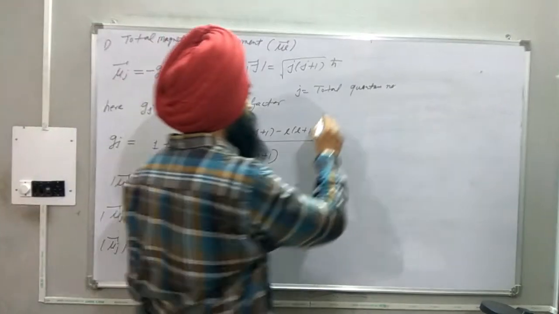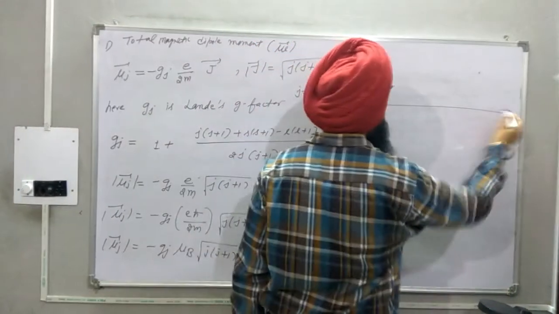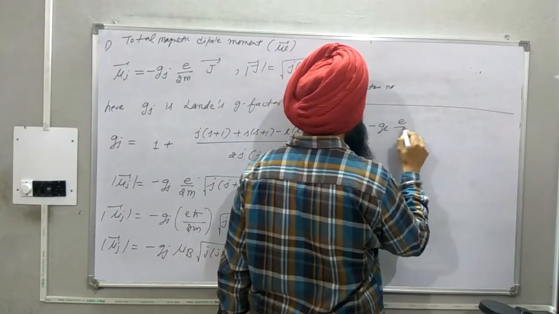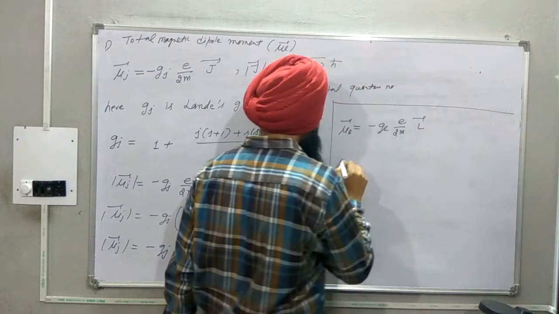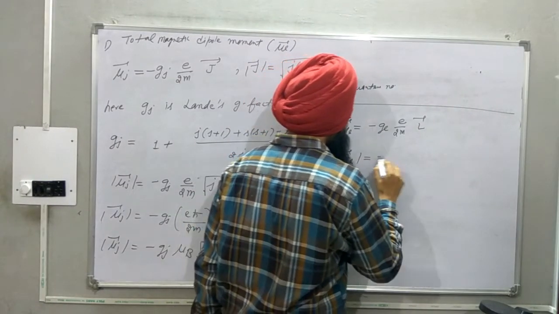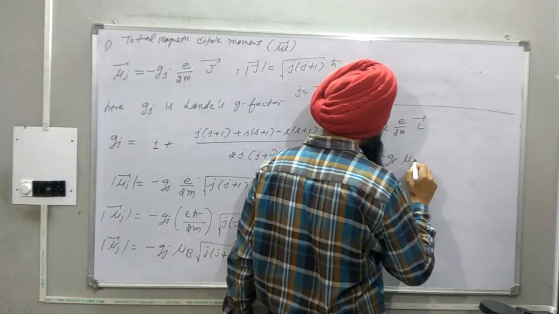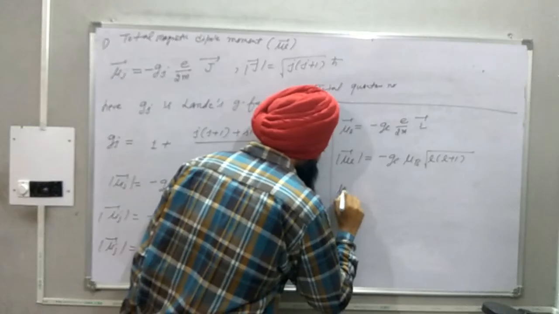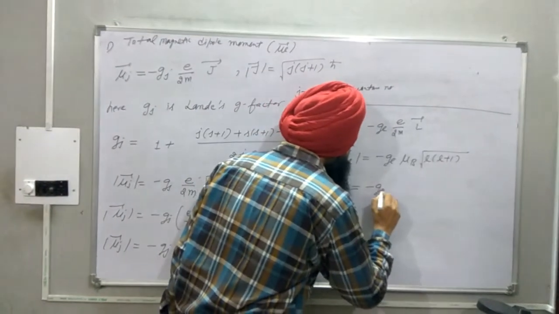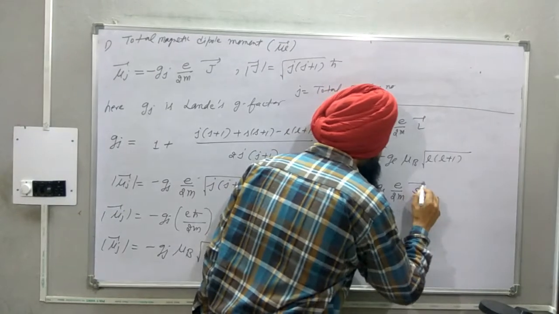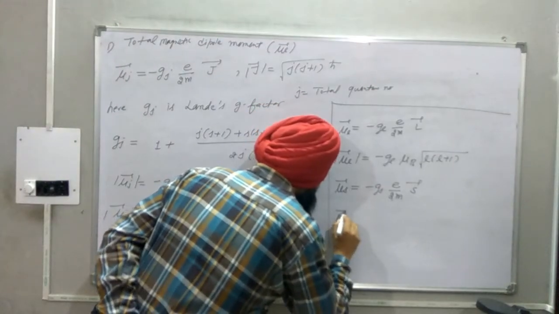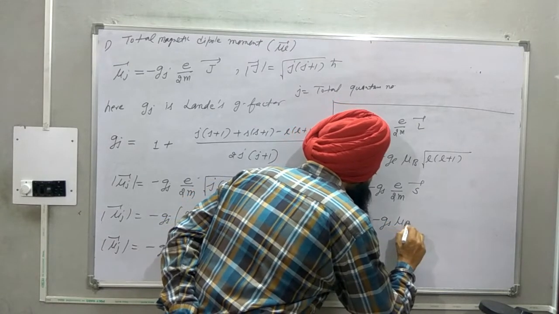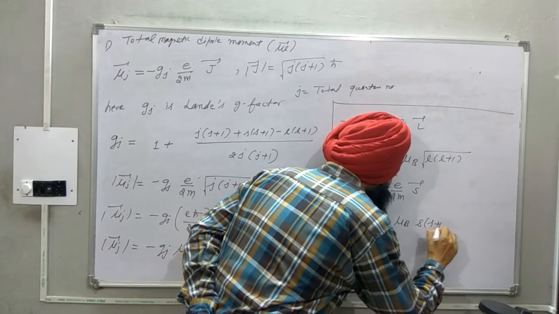I can write all the formulas once again here. Mu L is equal to minus gL e upon 2m into L. In magnitude, mu L is equal to minus gL mu B under root L into L plus 1. We have mu S equal to minus gS e upon 2m into S, and its magnitude is minus gS mu B square root of S into S plus 1.